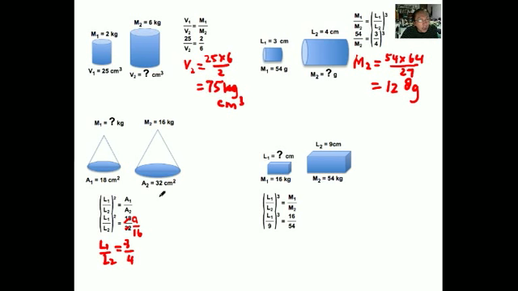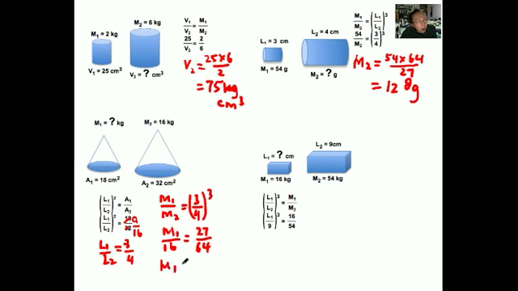Now we can use this to find the ratio of masses, which is the ratio of lengths cubed. The ratio of masses is m1 over 16 equals 27 over 64.